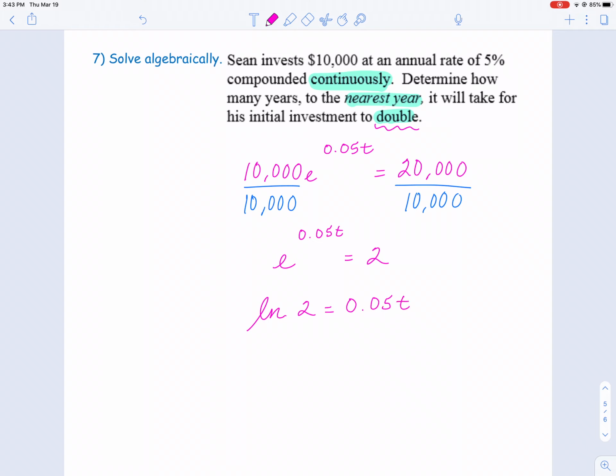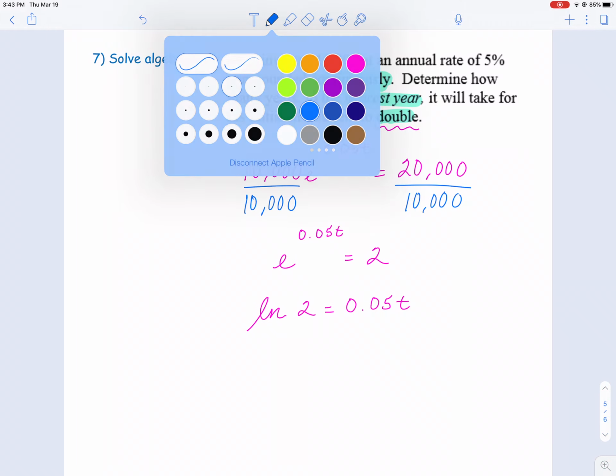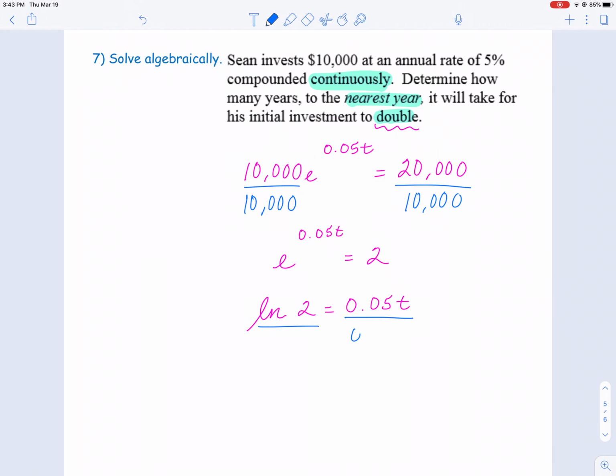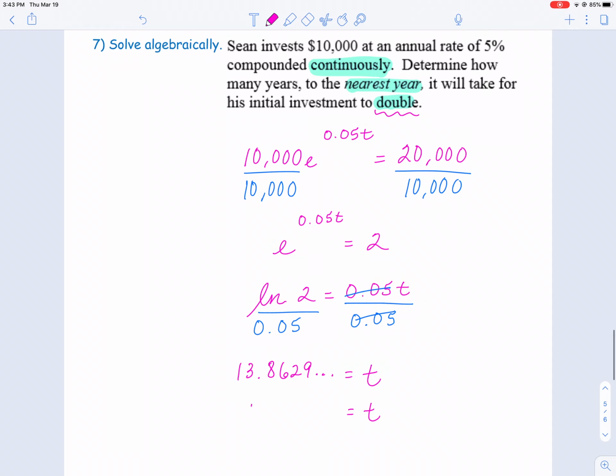Okay, and if we want to solve for t, I am going to divide both sides by 0.05. Go to your calculator, those will divide out, and you get your value of t. They want it to the nearest year. I think it comes out to 13.8629, which in years to the nearest year should be 14 years.